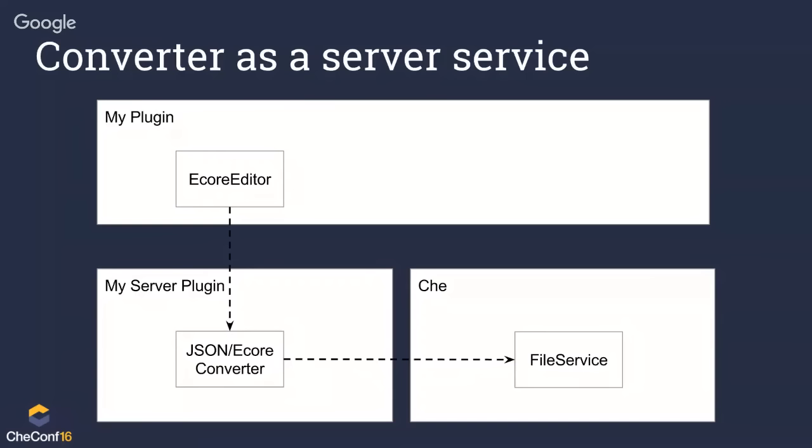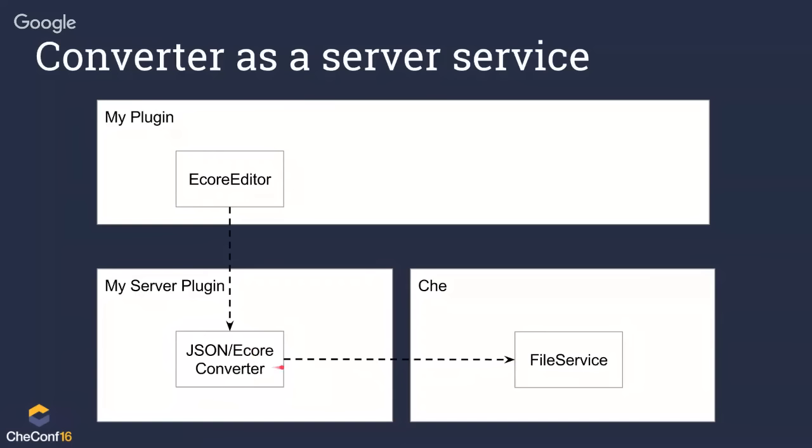And that was a good use case for a server extension. As Stefan mentioned before, you can either extend the client, but also the server. So what we did is we created a server plugin, which contains a JSON to eCore converter. That's basically a REST service.